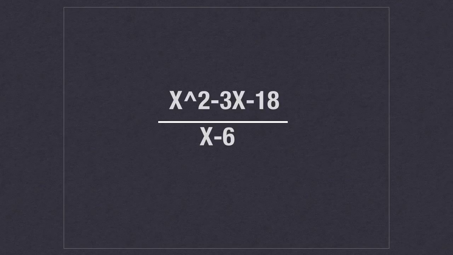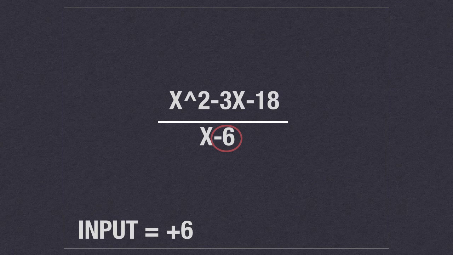To know that, we will use the number in the denominator and multiply it by minus 1. In this example it is minus 6, so we will multiply by minus 1 and it will be 6. Now this 6 we will use as an input in the x squared minus 3x minus 18.